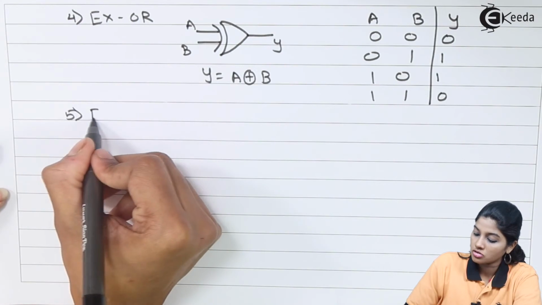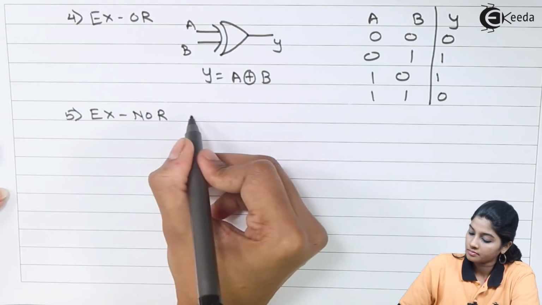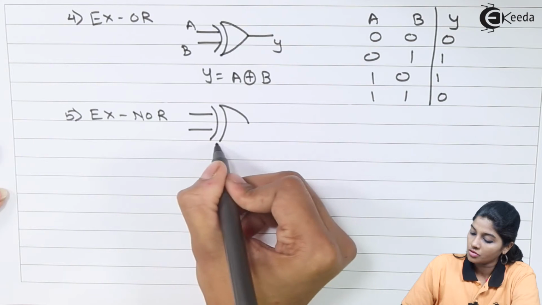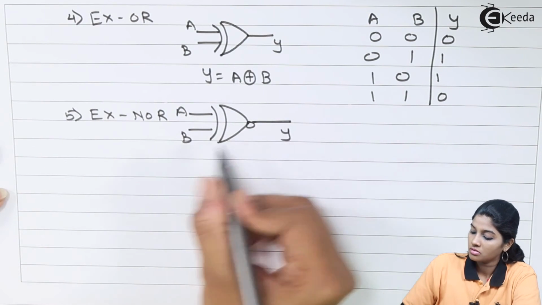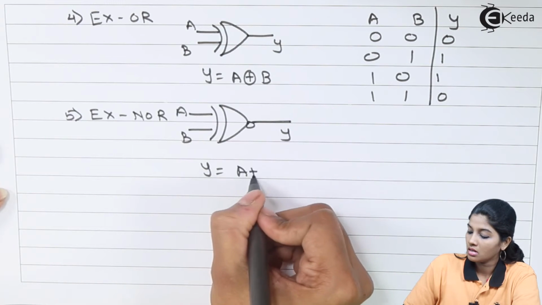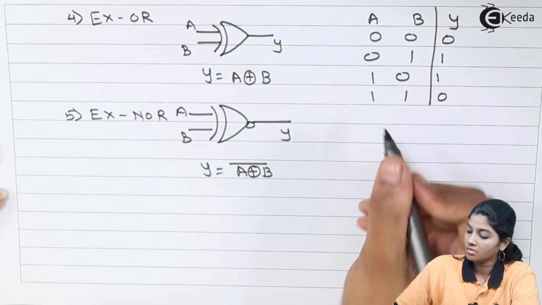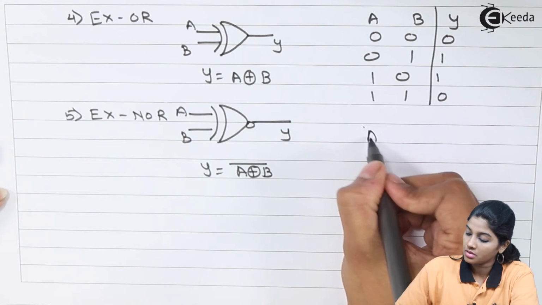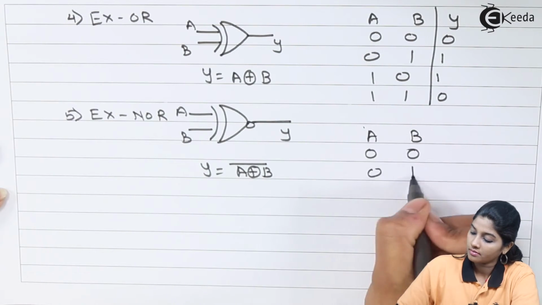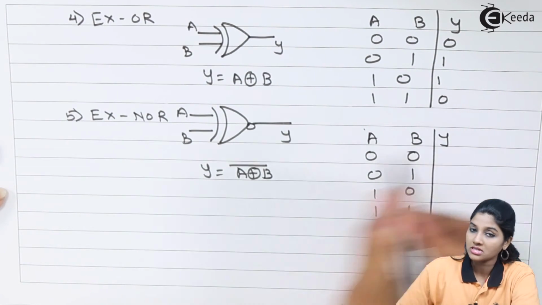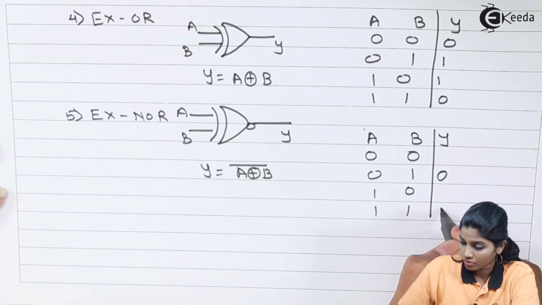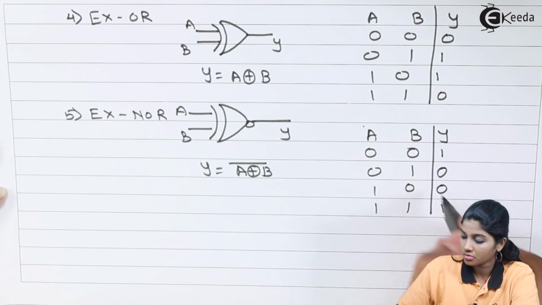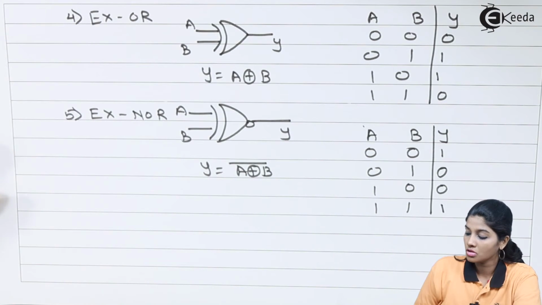The next is XNOR, which is a complementary version of the XOR gate. So Y equals A XOR B bar, and the truth table is, as it is a complementary version, when both the inputs are the same, then the output is 1. When both the inputs have different states, the output goes low.